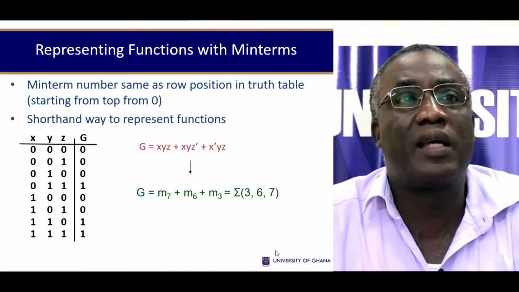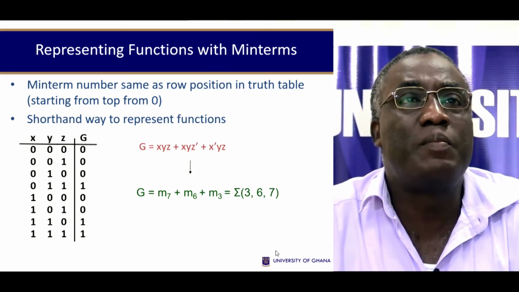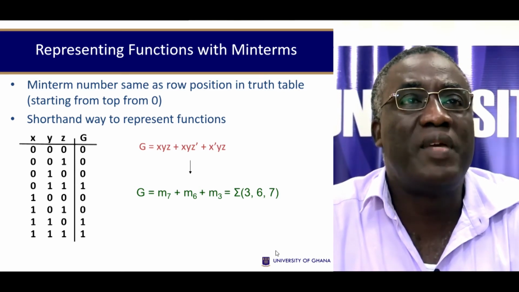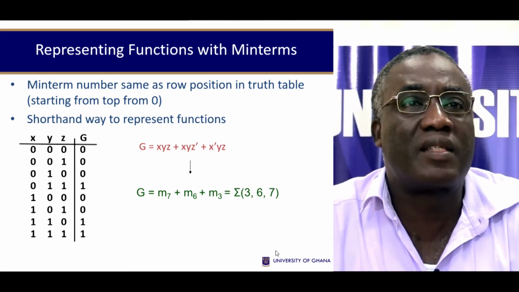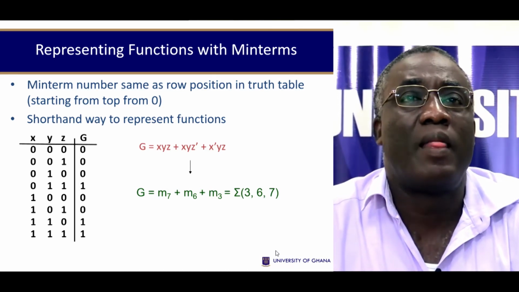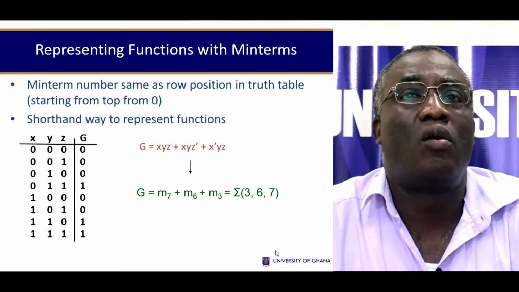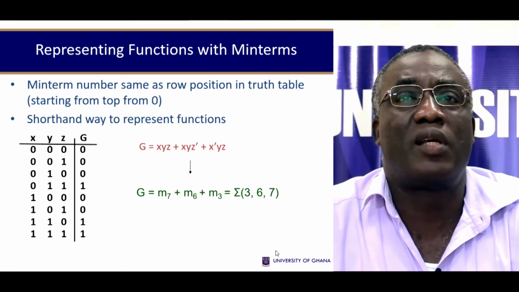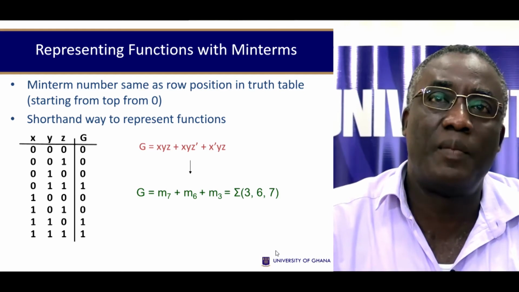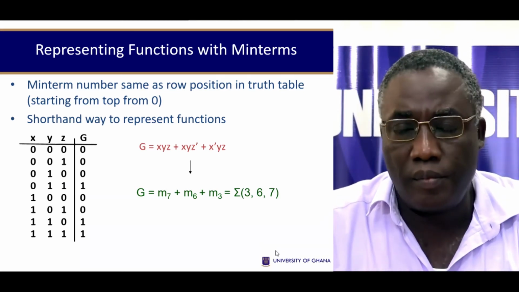So then you realize that the outputs required are min term 3, min term 6, and min term 7. So the function there can be represented as m7 or m6 or m3. In shorthand, you can say the sum of 3, 6, and 7 to represent exactly the same thing. So it's just a shorthand of representing this.